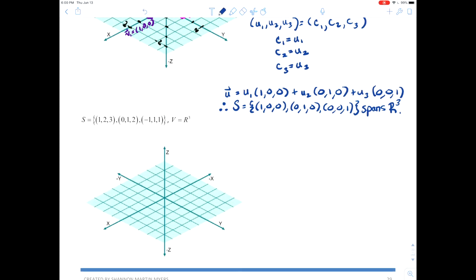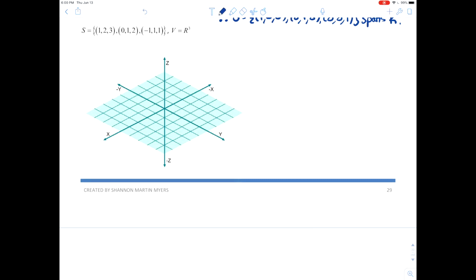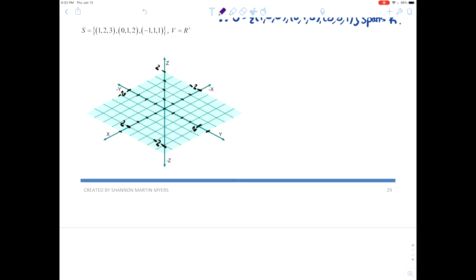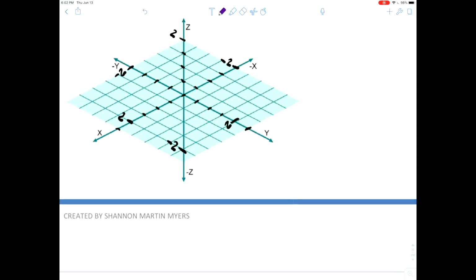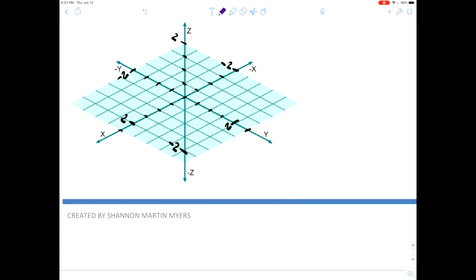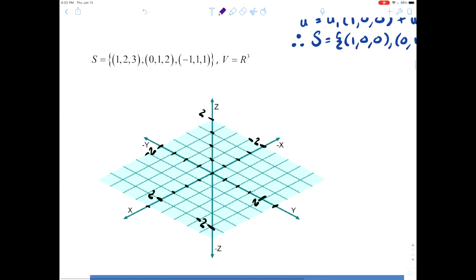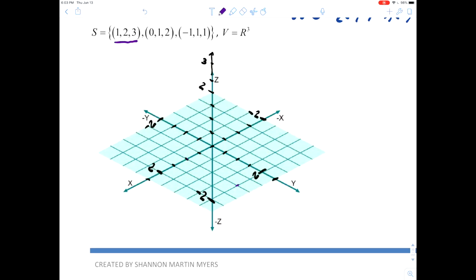What about this next one? Well, we have S is 1, 2, 3, 0, 1, 2, negative 1, 1, 1, those three vectors. All right, so let's just use the same colors as before. So our very first vector would be, I'll make this bigger while I'm drawing it. We have 1, 2, 3.